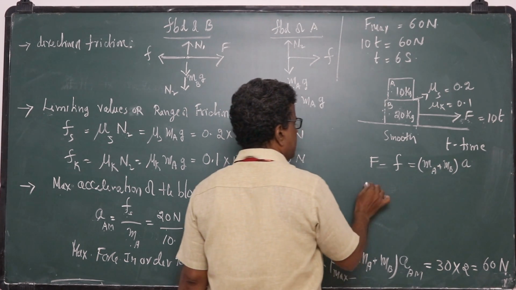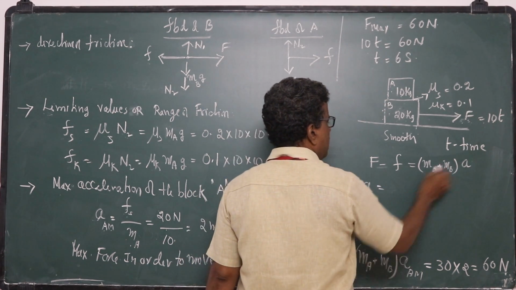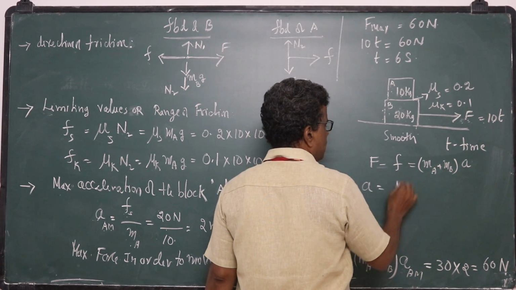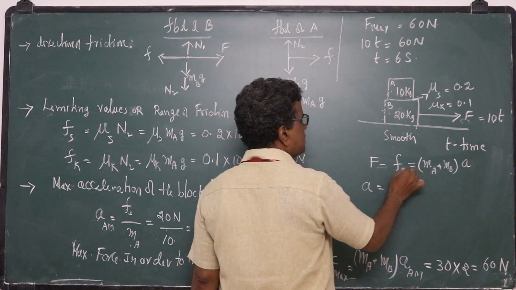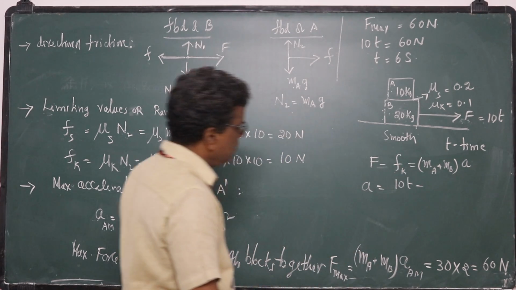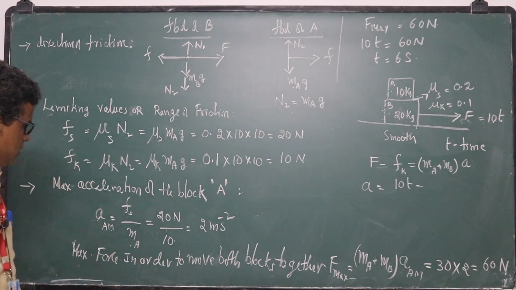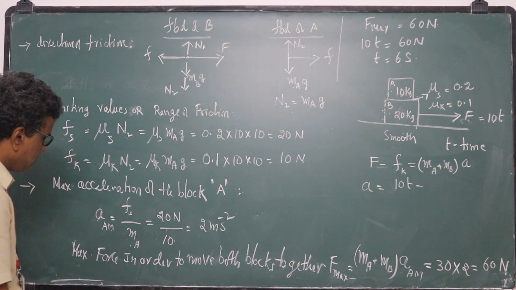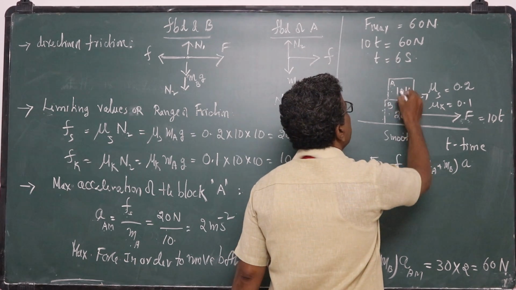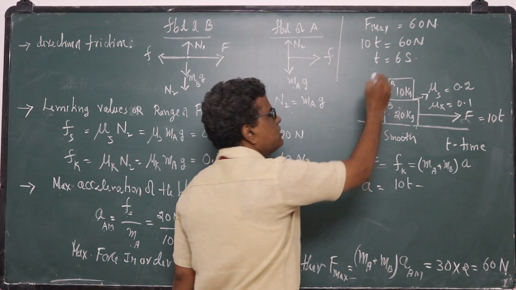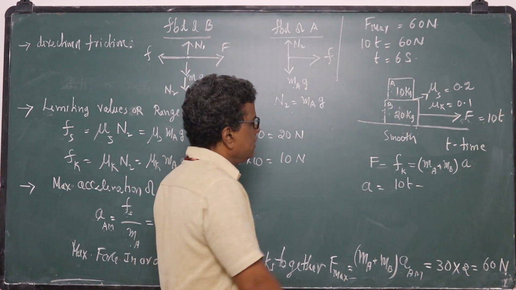So what is the common acceleration? It is 10t minus frictional force. Once the block starts moving along with that, what is the nature of the frictional force? It is still static, since the block B does not slide; it does not slip.